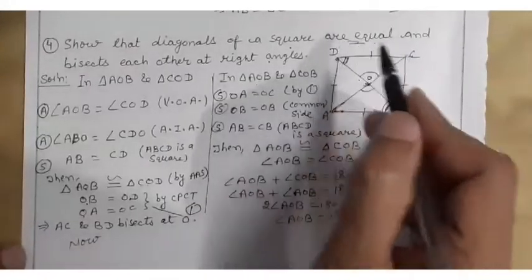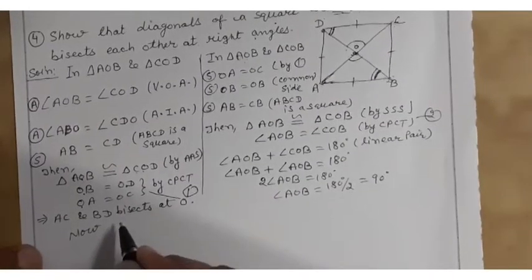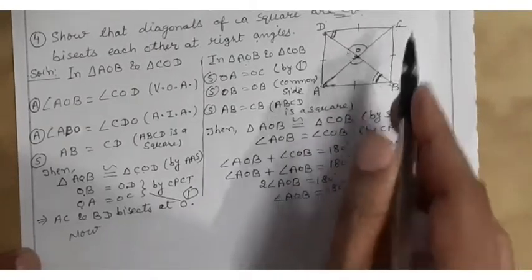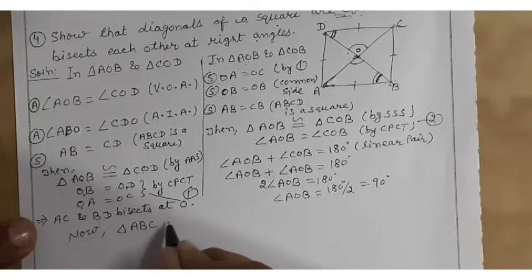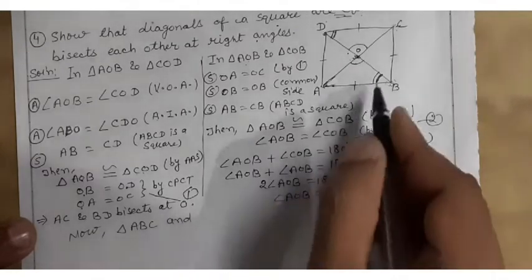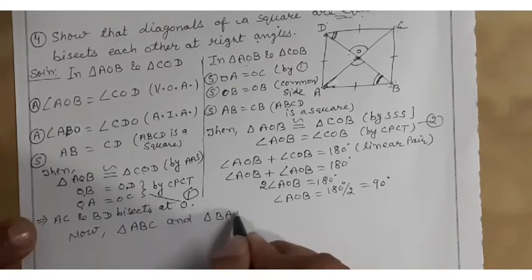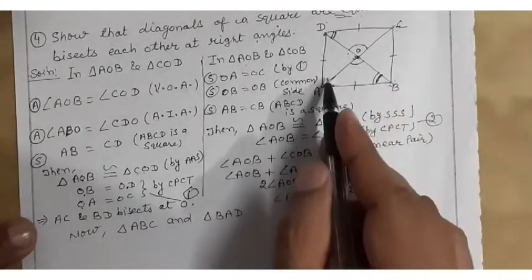So yes, now we have to show that diagonals of a square are equal. The third thing, one more thing we have to show. For that I am taking two triangles, triangle ABC and triangle BAD. We did this in the previous question also. But in this one, information is given to you because this is a square.